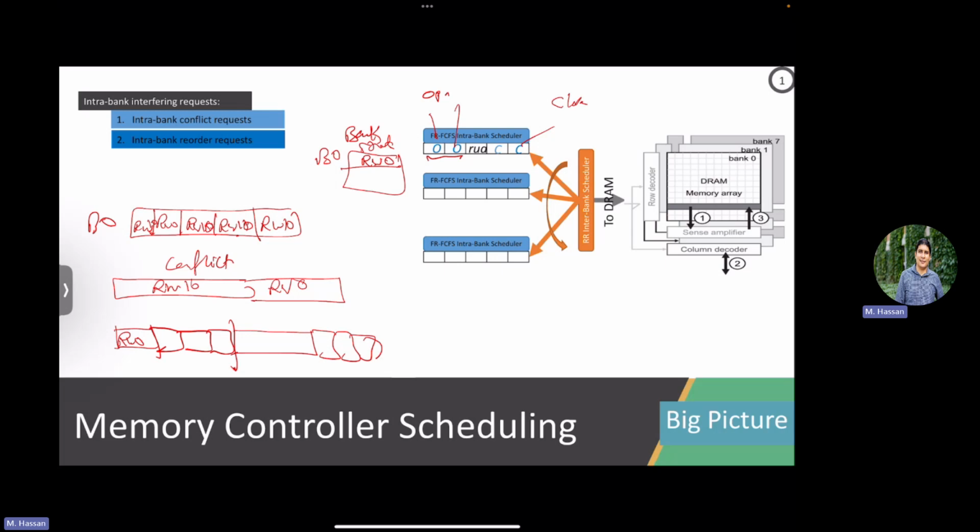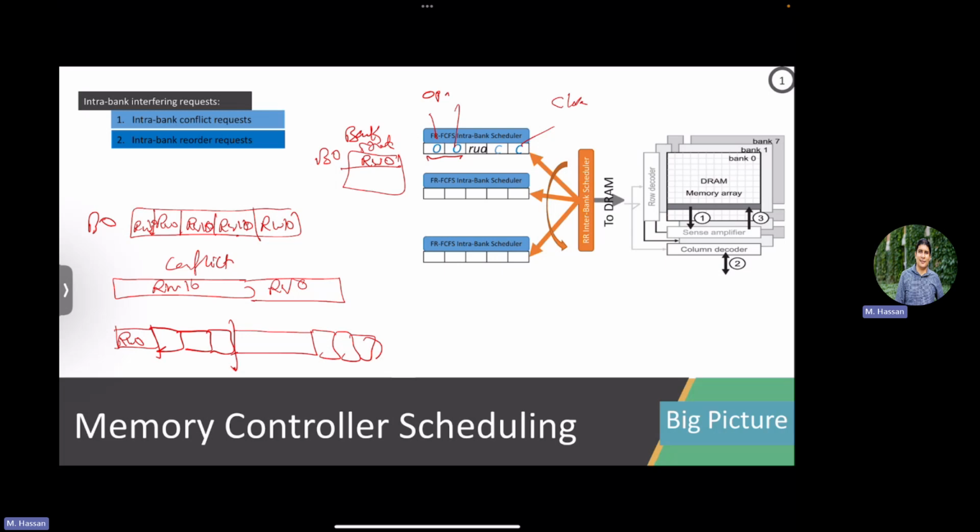It's too bad. So most modern machines, on top of first ready, first come, first serve, deploy what they call a cap. They say, I allow a maximum of 32 reorderings, 16 reorderings, or 8 reorderings. After this, I close the row no matter what. It's a performance versus fairness, or latency, or quality of service trade-off, right?